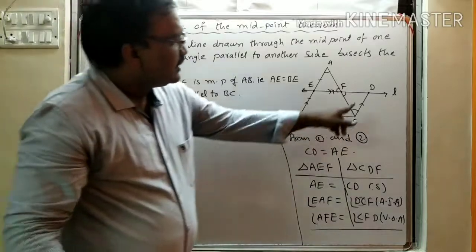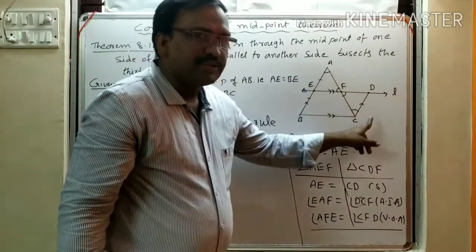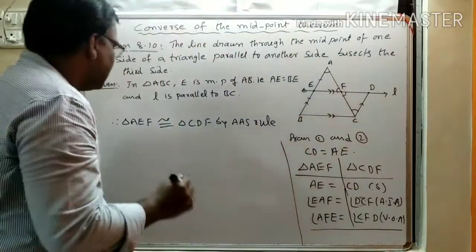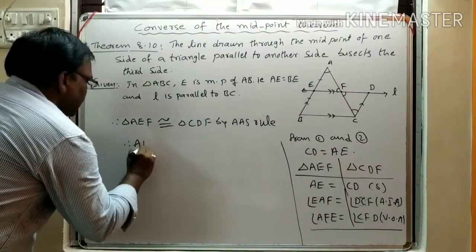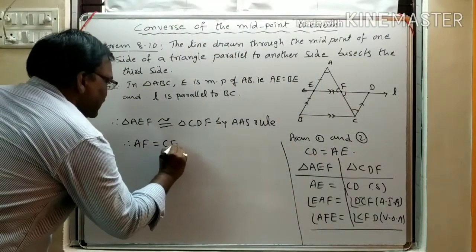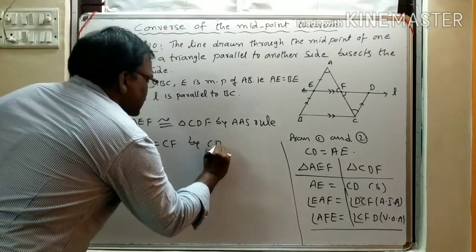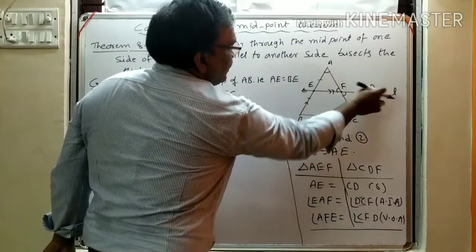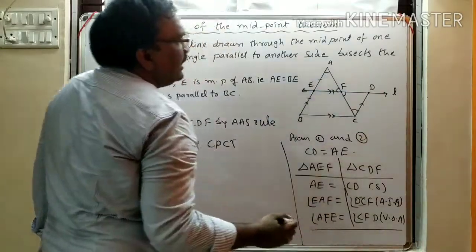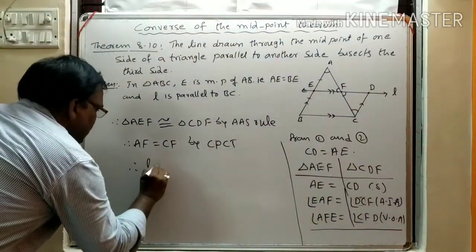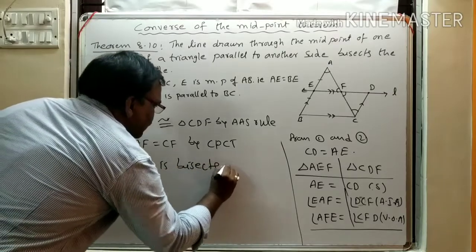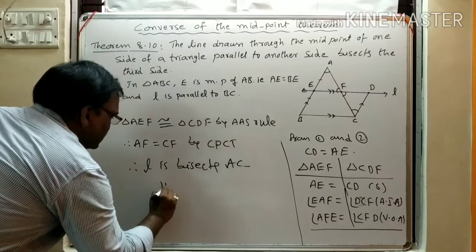Once the triangles are congruent, their corresponding parts are equal. Therefore, AF is equal to CF by CPCT. So this length is equal to this length. Therefore, L bisects AC. So hence proved.